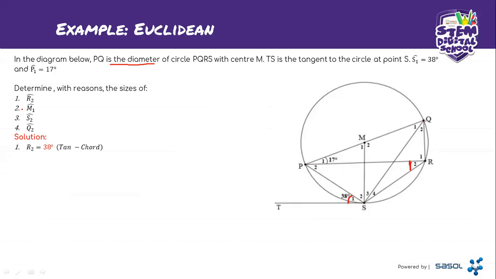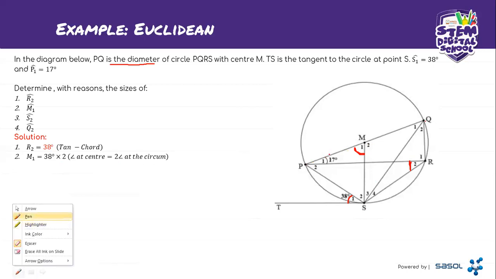And then number 2, we have angle M1. Let's go and look for M1. All right, this is M1. Then we just say angle M1 equals 38 times 2. Why? Let me show you this. I think this is theorem 2. You can see the structure.